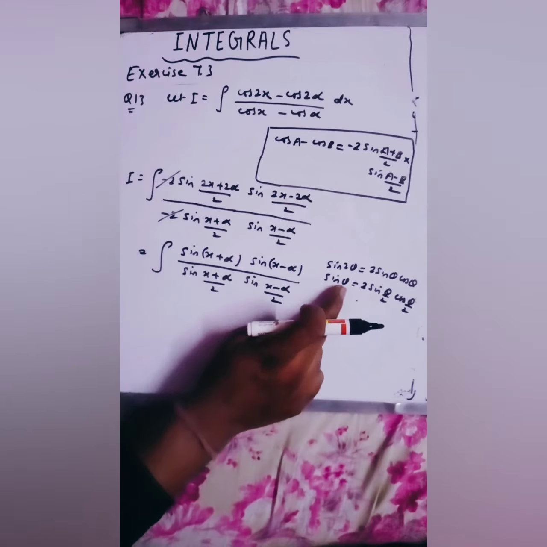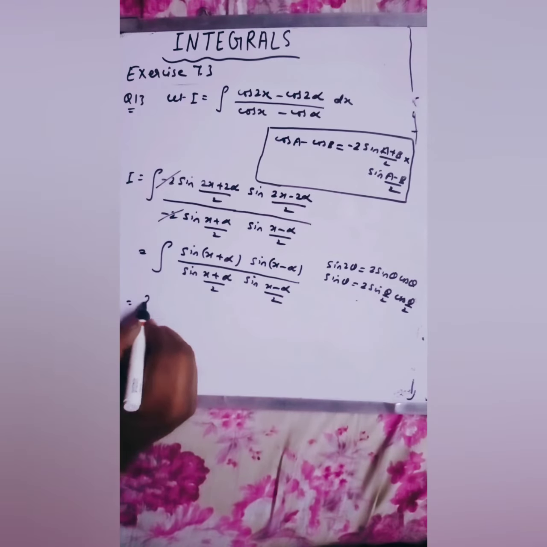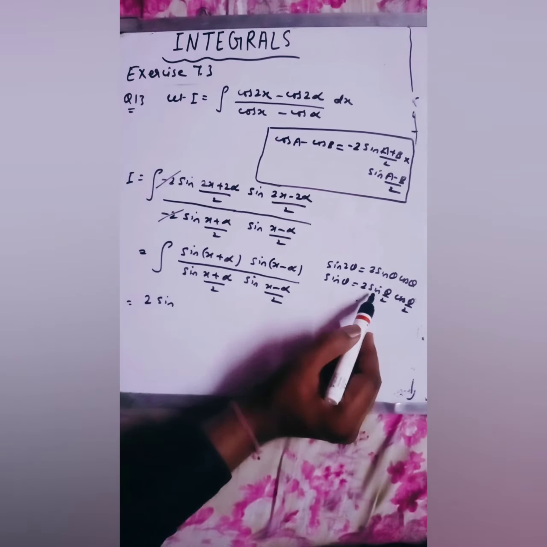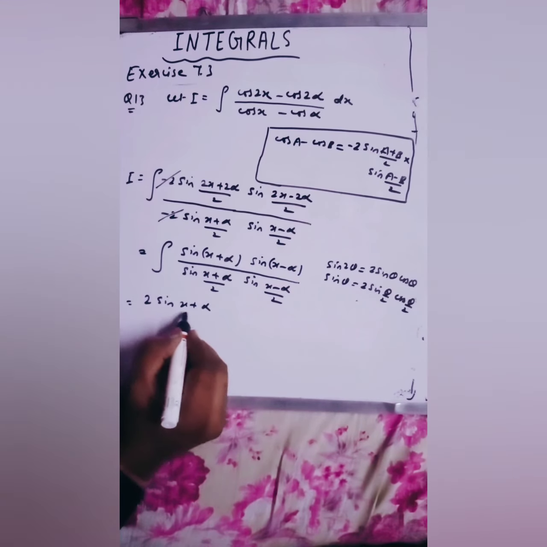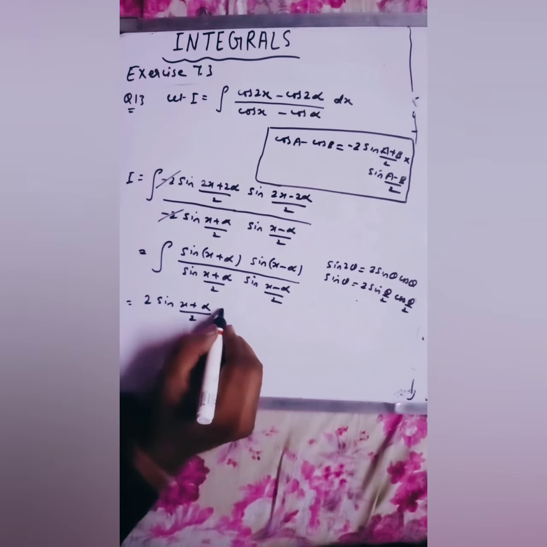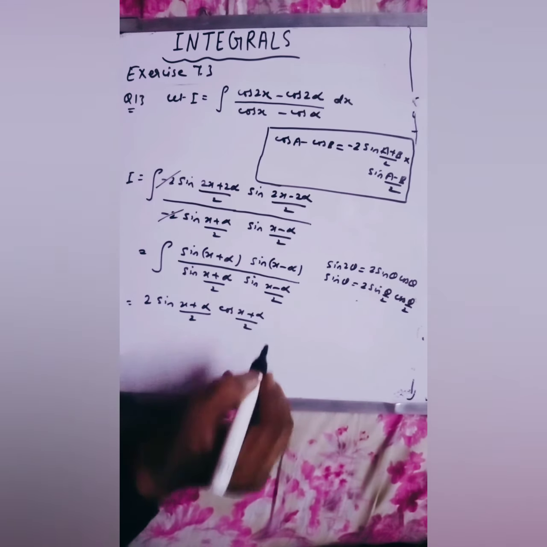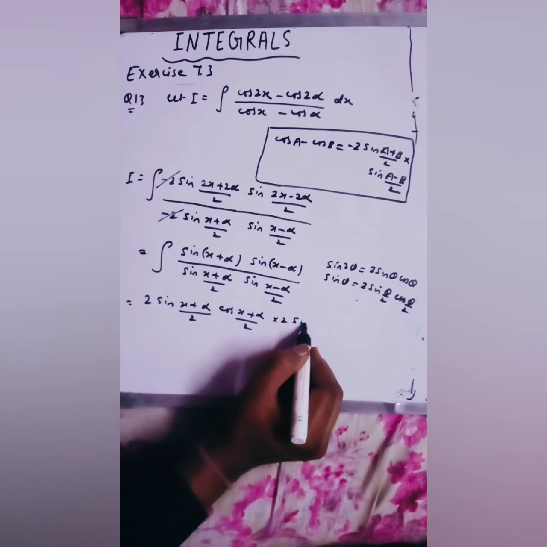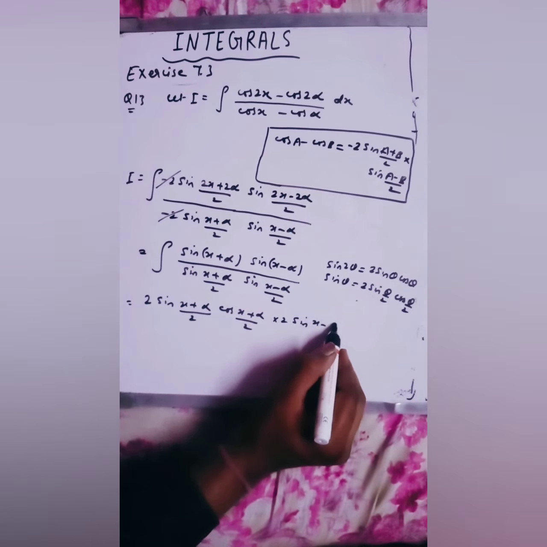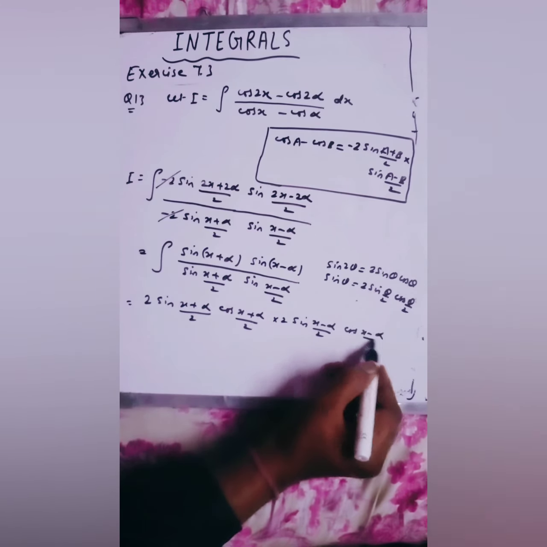So I'm replacing this theta by x plus alpha. In all parts you have to replace this. So in place of this I'm writing 2 sine theta by 2, theta is your x plus alpha, so x plus alpha by 2, cos (x plus alpha) by 2. Similarly here you have to apply the formula 2 sine (x minus alpha) by 2 cos (x minus alpha) by 2.